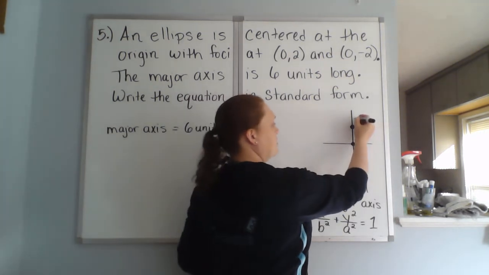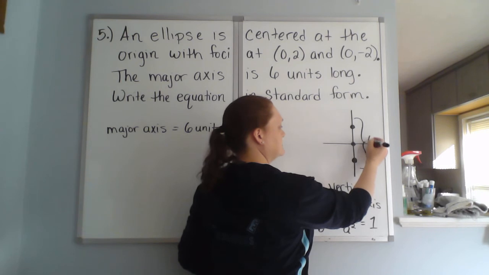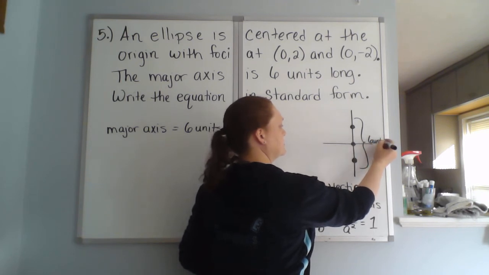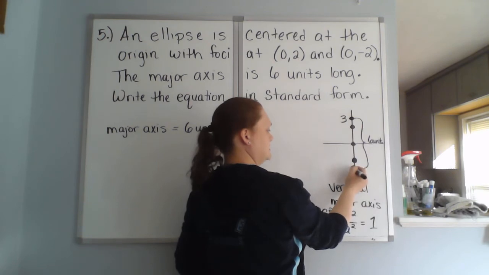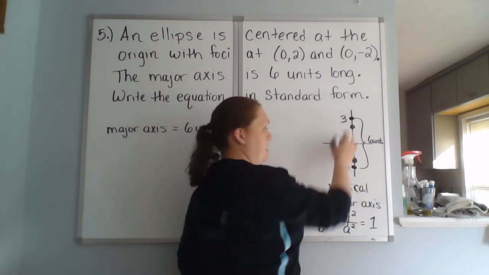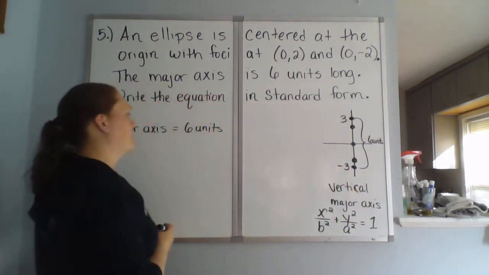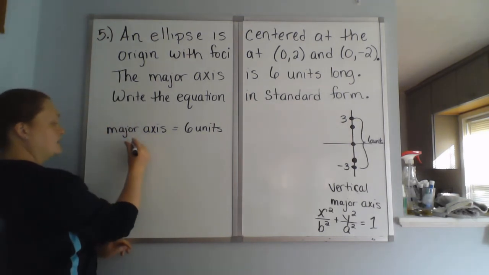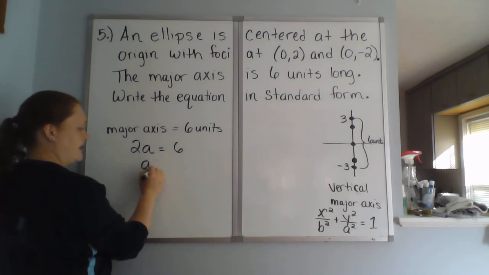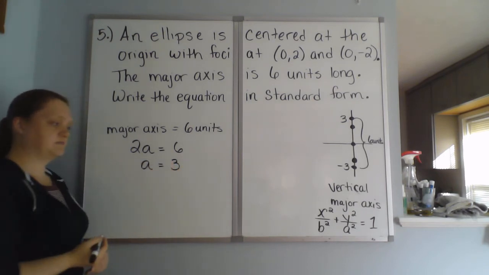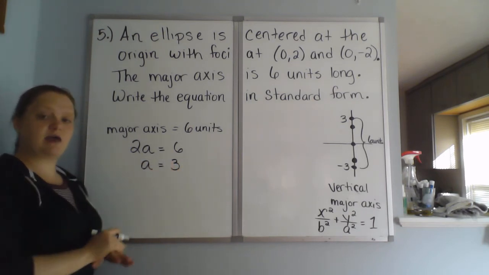So this is at 3 and this has to be at negative 3, again because they're centered around the origin. You could also use the fact that the major axis is 2a units long and find that a must be equal to 3. So now we know the value of a.